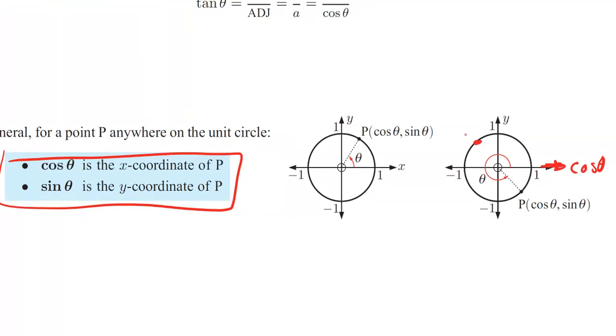If the point P has a particular value of theta, then its x-coordinate is the cosine of the angle. We can therefore think of the y-axis as the sine theta axis. That point P has a particular y-coordinate of sine theta. That is going to be the axis we read it off.